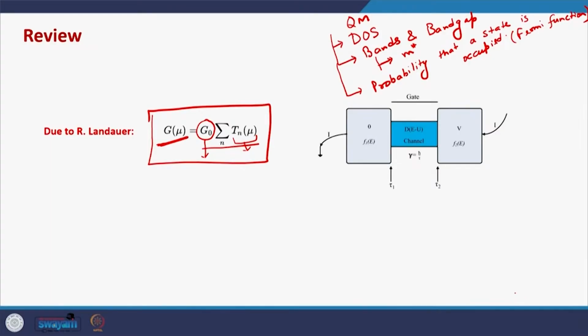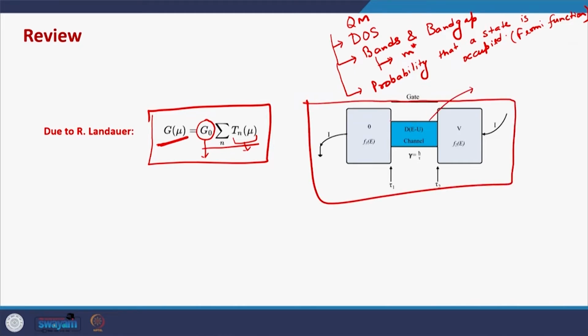The system of interest to us is a two terminal device, a device like this in which we have a small channel in between two large contacts. So, there are two contacts and there is a small channel in between.